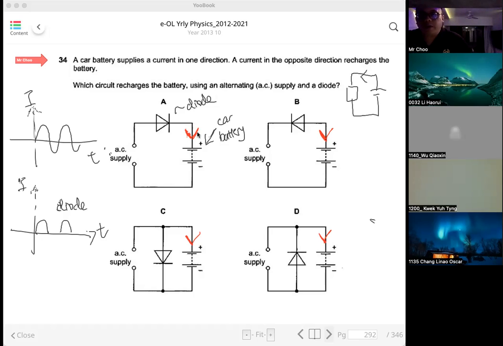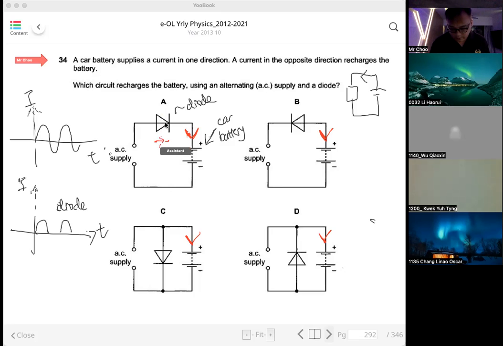Okay, Hao Ray, well done, Yu Ting, well done, Oscar, well done. So are you clear about this now? And then for a diode like this, the triangle is where it allows the direction of current to flow through. So for example, this diode here means that you allow the current to move this way.